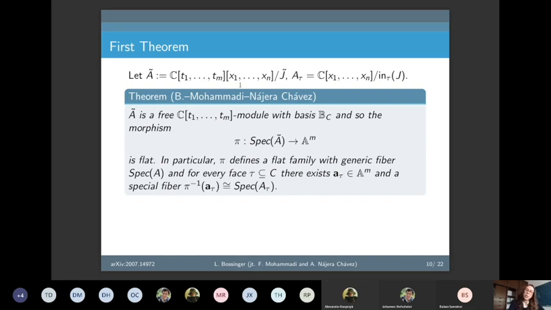I have this bijection between variables T1 to Tm, coordinates of A^m, and rays R1 to Rm. If I'm interested in some cone tau, then this is generated by a certain subset of the rays, and I let exactly those variables vanish that correspond to the rays of tau. And the others I just let be non-zero.